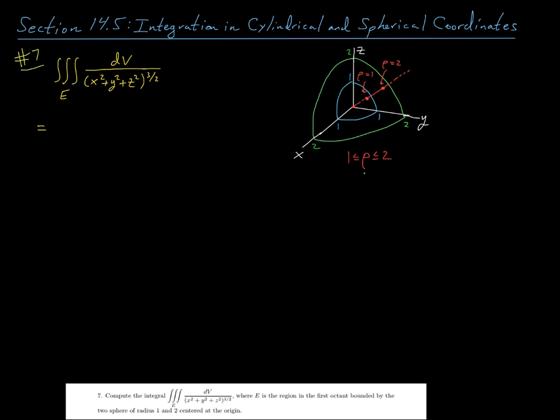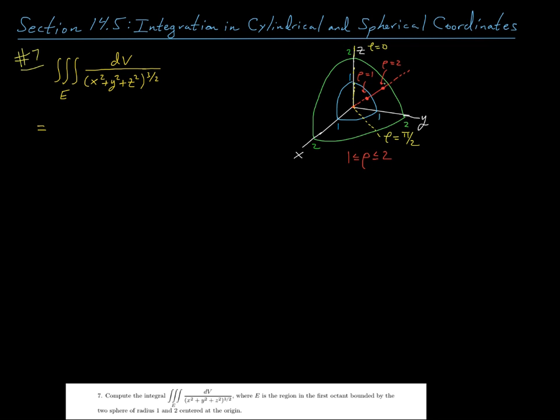And then for the bounds on phi, we're going to have to vary from 0 when we're up here along the positive z-axis out to pi over 2 when we're here in the xy plane.